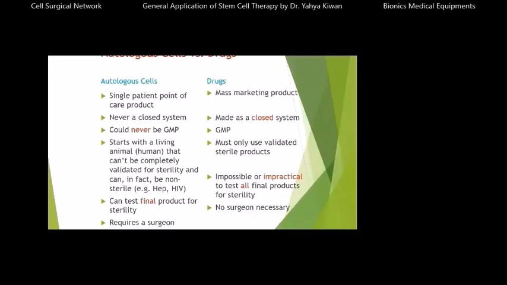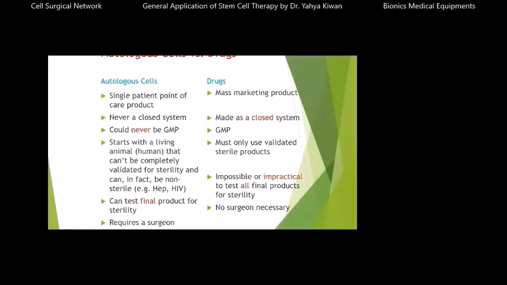Autologous cells could never be GMP. The drug should be GMP produced. Autologous cells start with a living animal or human that cannot be completely validated for sterility and can in fact be non-sterile, while a drug must only use validated sterile products.